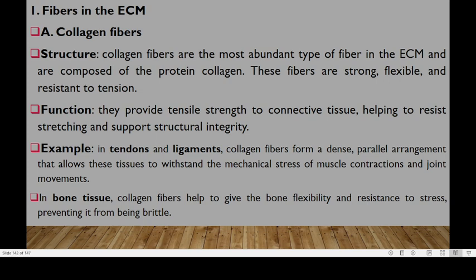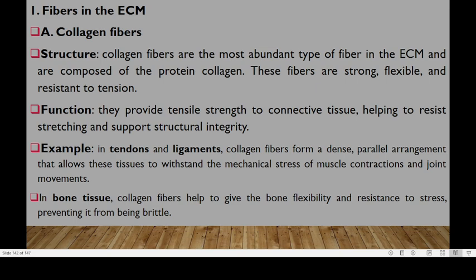We could start with the fibers, like the collagen fibers as the first one. Collagen fibers are the most abundant type of fiber in the extracellular matrix and are composed of the protein collagen. These fibers are strong, flexible, and they normally resist force. They provide tensile strength to connective tissue, and this helps to resist stretching and support structural integrity.